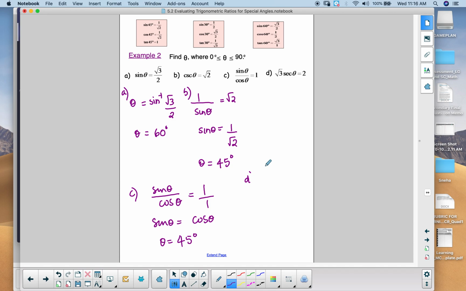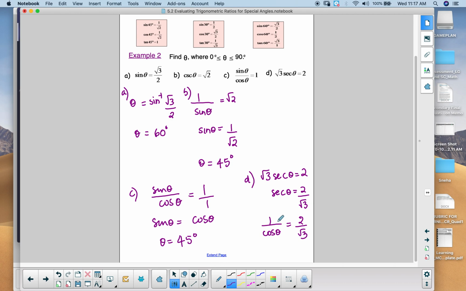And D, root 3 times secant theta equals 2. So that means secant theta equals 2 divided by root 3. Bringing this side. And because we are going to go with the primary ratio, secant is the reciprocal of cos. So 1 over cos theta equals 2 over root 3.